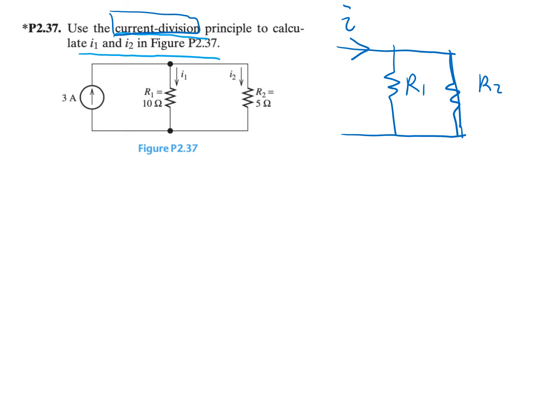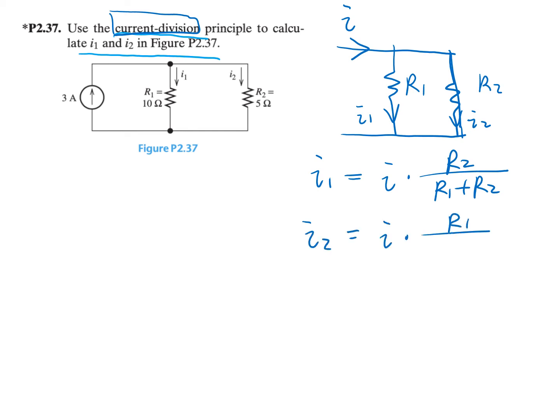We can use the formula to calculate current I1 and current I2 based on the principle of current division. So I1 is equal to I times R2 over R1 plus R2, and I2 is equal to I times R1 over R1 plus R2.